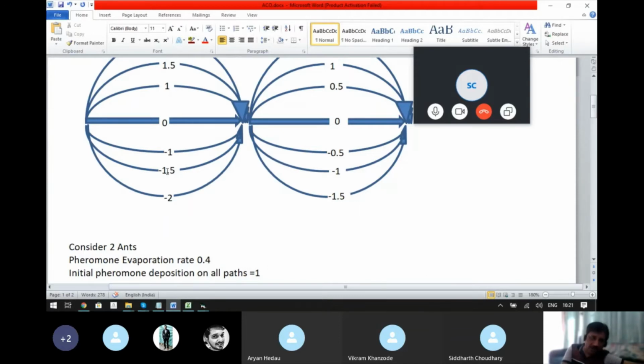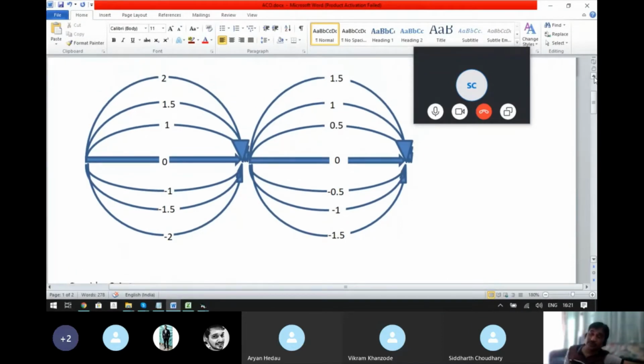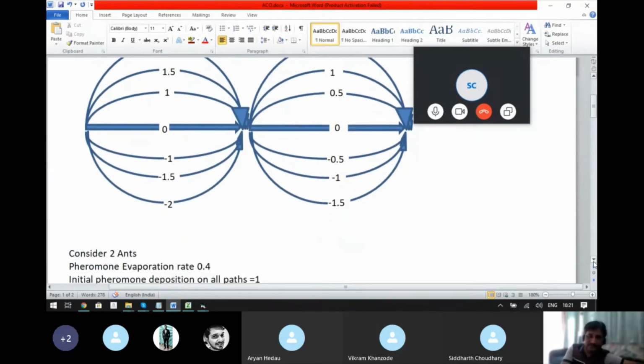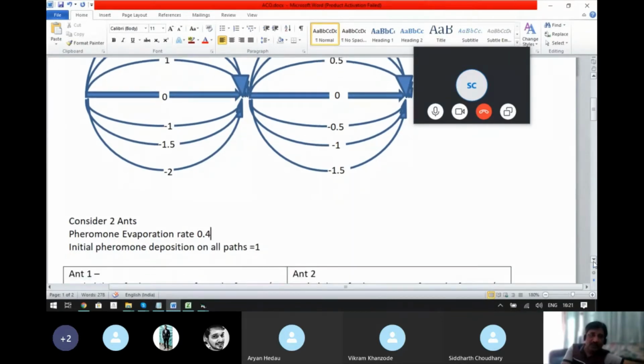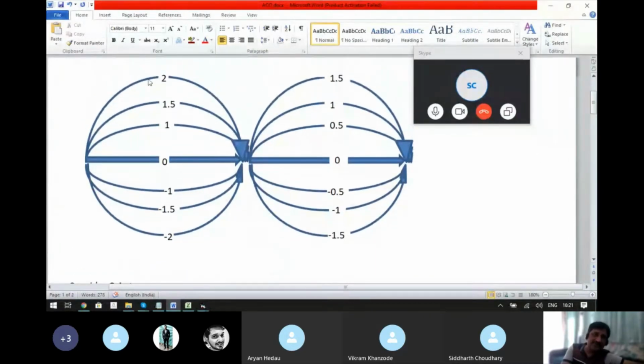Okay, and on all the paths, we'll be setting the pheromone level equal to 1, as we did in our problem which we have taught to you in the classroom. All right. Pheromone level on all the paths is set equal to 1. Now, the probability that ant 1 will be selecting any of these 7 paths is 1 by 7.